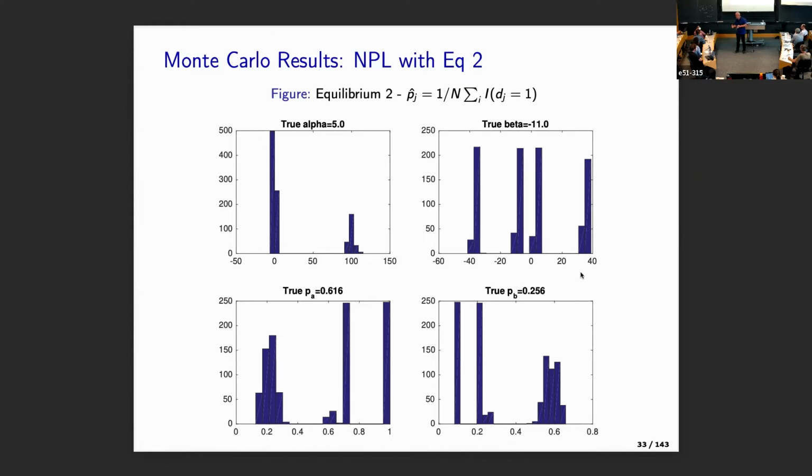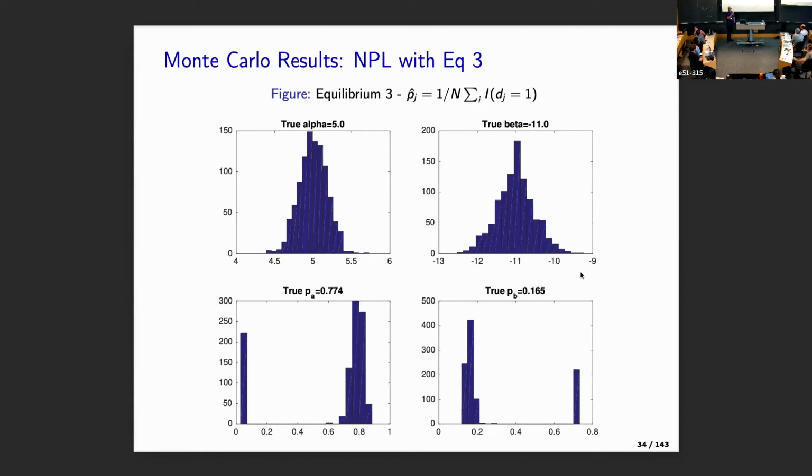It doesn't help. Okay, it helped a little bit, but it doesn't solve the problem. And this is not because it's an unstable equilibrium. It also happened when we generated data from equilibrium number 3, because if you have a little bit of poor starting values, if you recall the best response function, you just start a little bit to the left, you converge to the wrong equilibrium, you can get stuck there, and that's what happens.